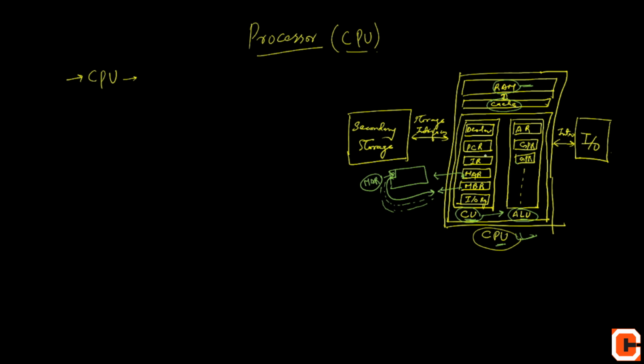All right, now we have the program counter register, the program control register. What does it do? It actually holds the address of the next instruction to be executed.